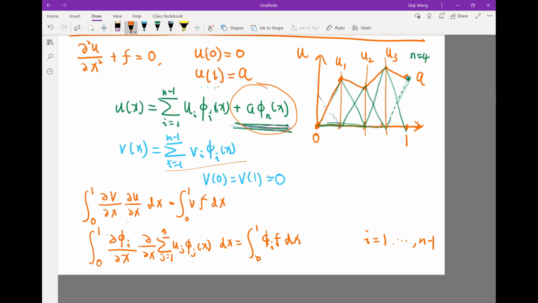Now, this is what we had last time, but this time we added one additional term, right? And that's going to be added over here, in the formula of u. So there is one additional term, plus a times vn. All right.